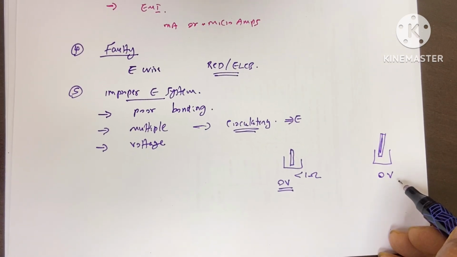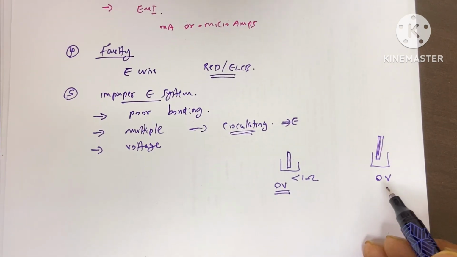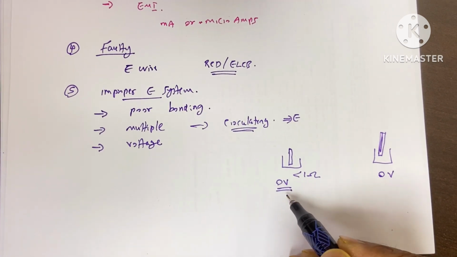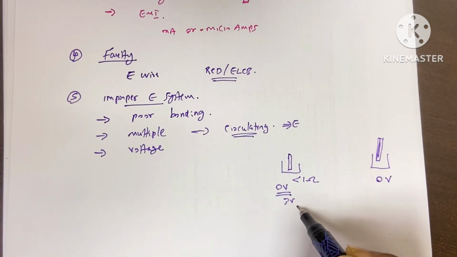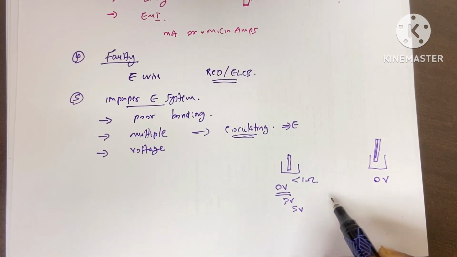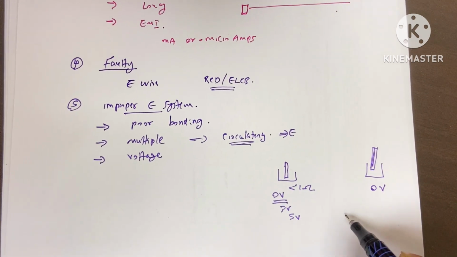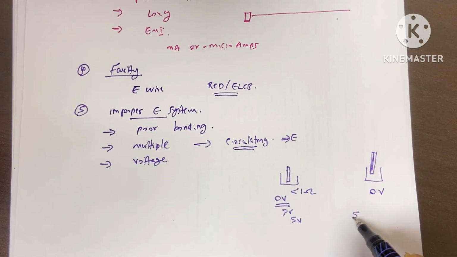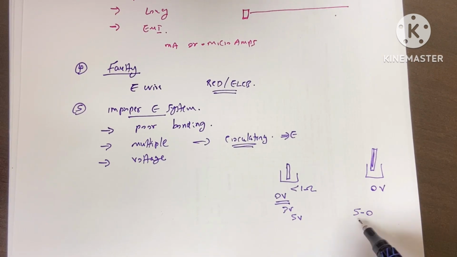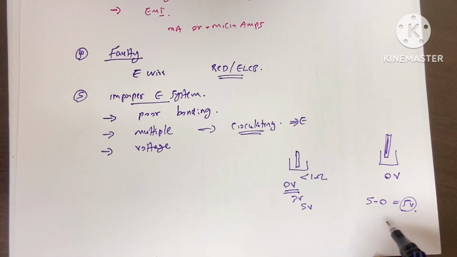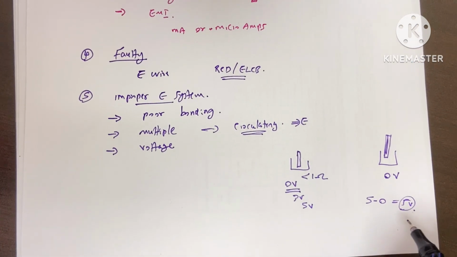But sometimes if there is any voltage difference between these earth pits, suppose your earth pit has 3 volts or 5 volts like that, then the difference between these two earth pits would be 5 volts, that is 5 minus 0. So this situation also leads to leakage current.